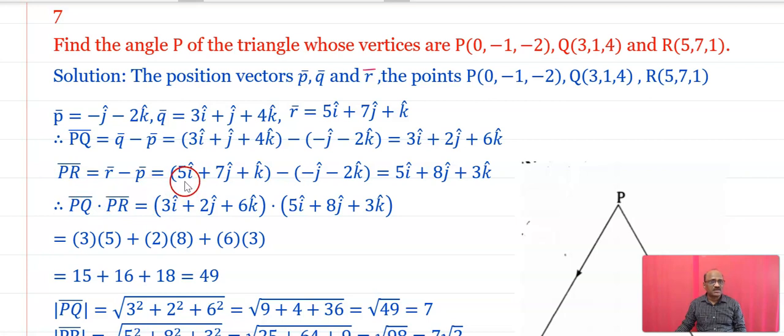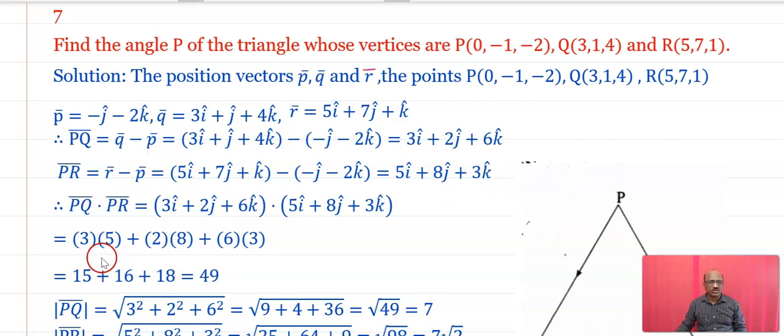What is the R bar? R bar is 5i cap plus 7j cap plus k cap minus in bracket minus j minus 2k. If you open the bracket, you will get 5i cap as it is, 7j cap, this minus and minus will become plus, that will become 8j cap. K cap and plus 2k cap, that will become 3k cap.